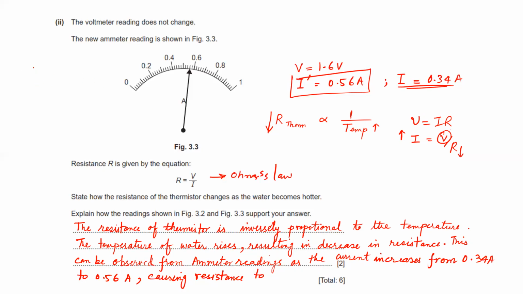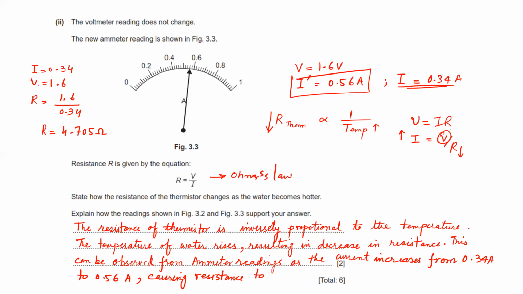So first, in case one, I equals 0.34, V equals 1.6. My resistance will be 1.6 divided by 0.34. Let's calculate it. This value is around 4.705 ohms.